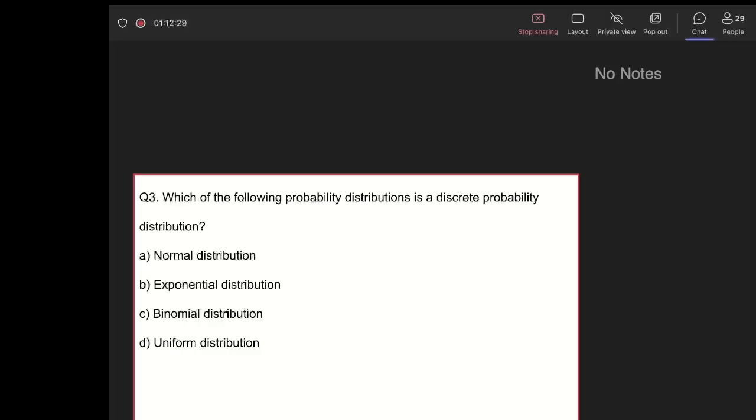Binomial distribution is for a discrete variable. In the name itself there is bi, so the main feature of binomial distribution is that the random variable can only take two values. For example, in a coin toss, it can take head or tail. Because it takes only two values, it is a discrete random variable and this is a discrete probability distribution. So the correct answer is option C.